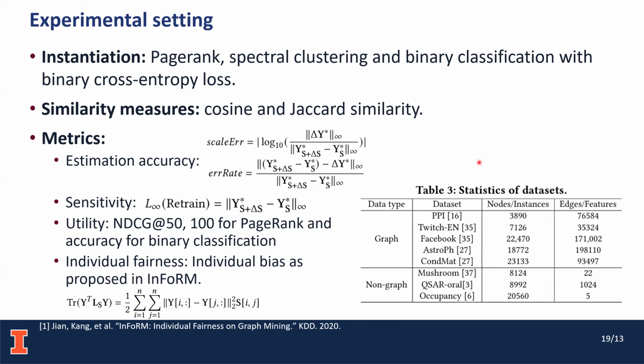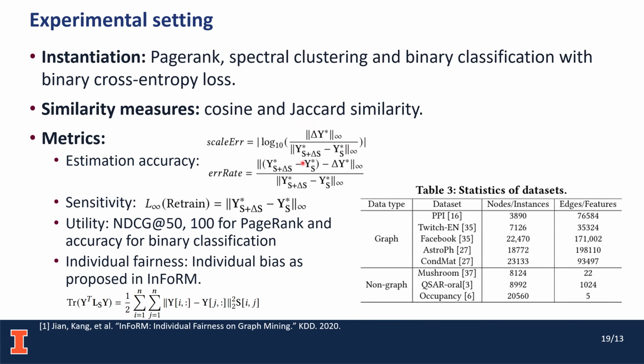And we have several metrics here. First of all, we want to estimate how close our estimation of the changing outputs given by SOM is compared to the actual change by rerunning the experiments. The delta Y star here is the estimated changing outcome given by SOM.